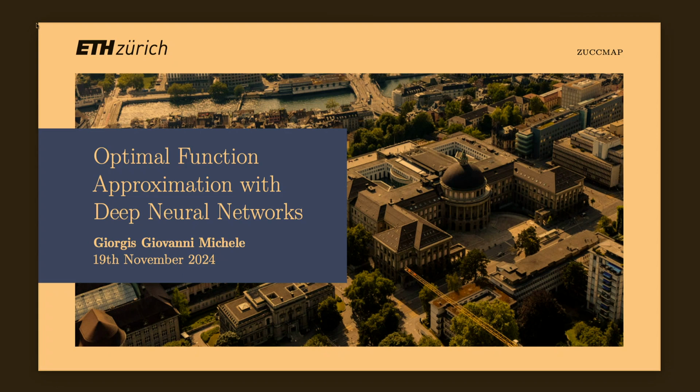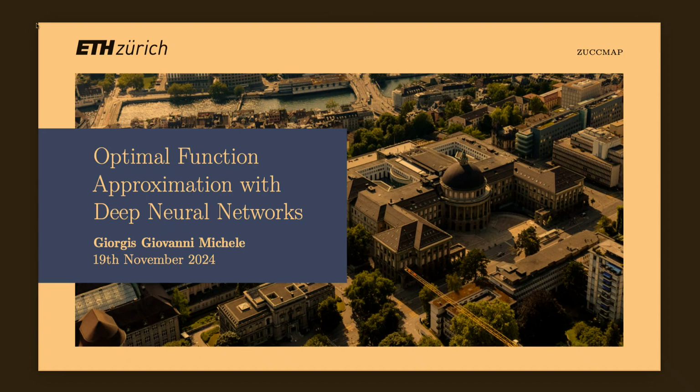In order to characterize the fundamental limits of neural networks, we will introduce this Kolmogorov-Donoho rate-distortion theory that will allow us to compare the complexity of a function class with the complexity of the neural networks that try to approximate it. At the end we will show that neural networks are actually optimal for many of the function classes that we actually use to model signals in mathematical signal processing.